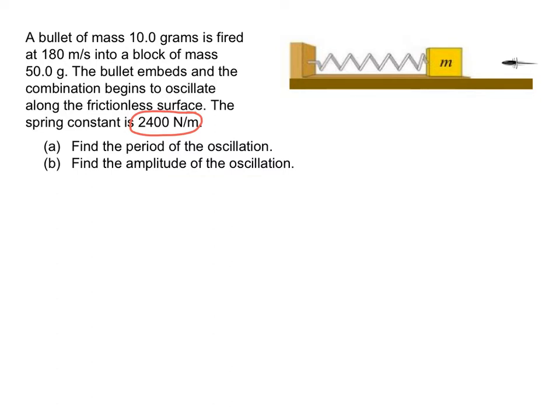The first thing I'm asked to find is the period of the oscillation. So let's recall how you calculate the period of an oscillation. Certainly you could find what omega is and that sort of thing, but the easiest way is to do something like this. T is equal to 2 pi, the square root of the mass that's on that spring over k.